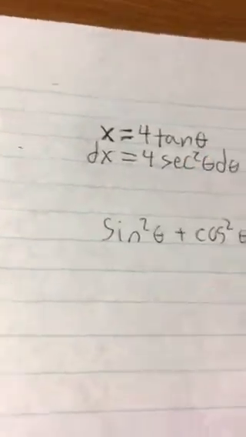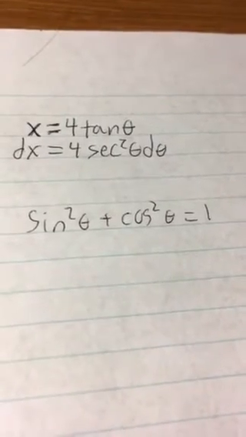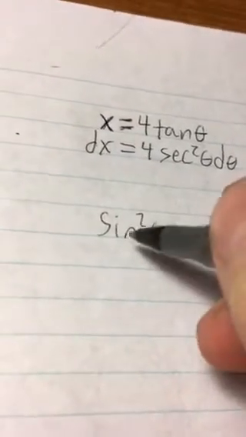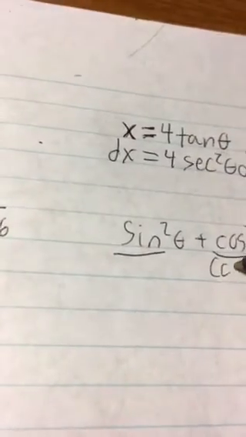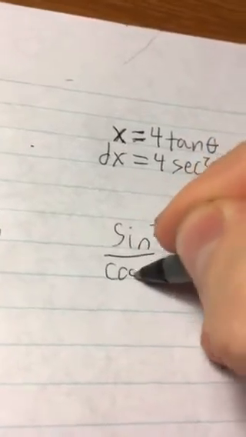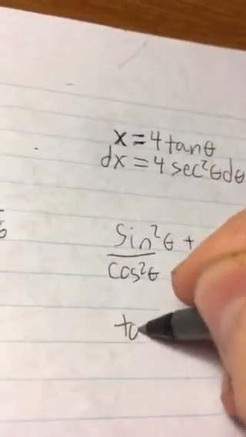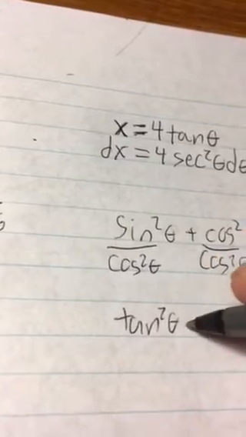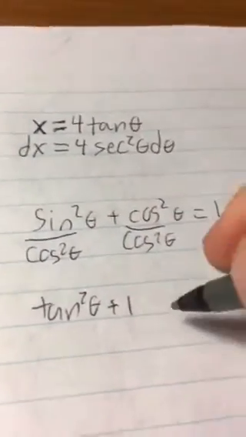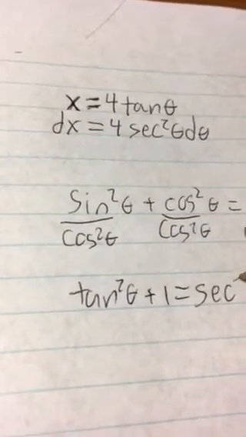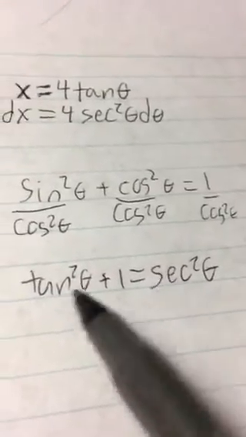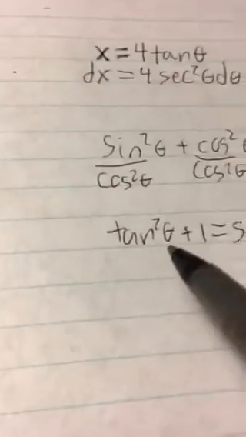If we divide all of this by cosine squared, that makes it tan squared theta plus 1, because those cancel out and just leave 1, equals 1 over cosine squared, which is secant squared theta. And hey, wait a minute, that lines up there. So we can rewrite this thing.